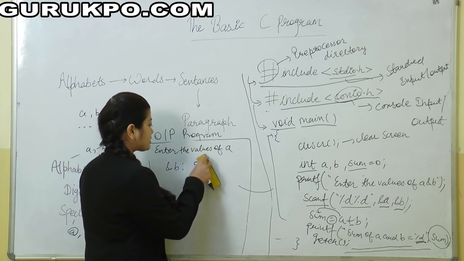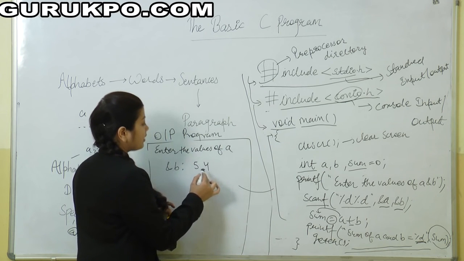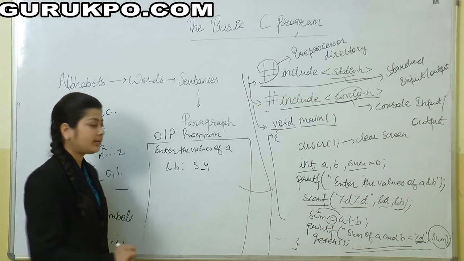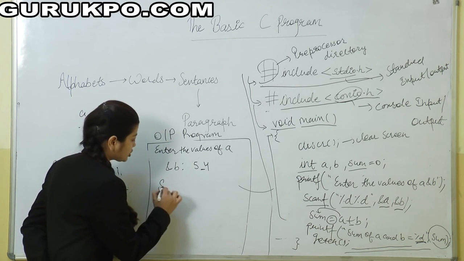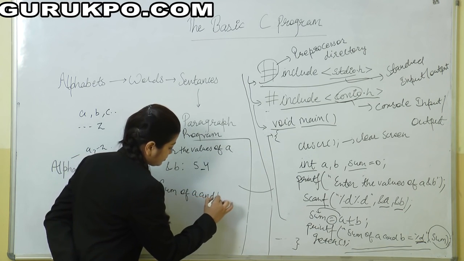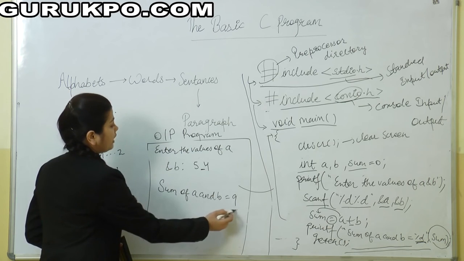So we have to separate the two values by a single space, and after entering the values and pressing enter, we get the output, which is shown here. That is the output of our program.